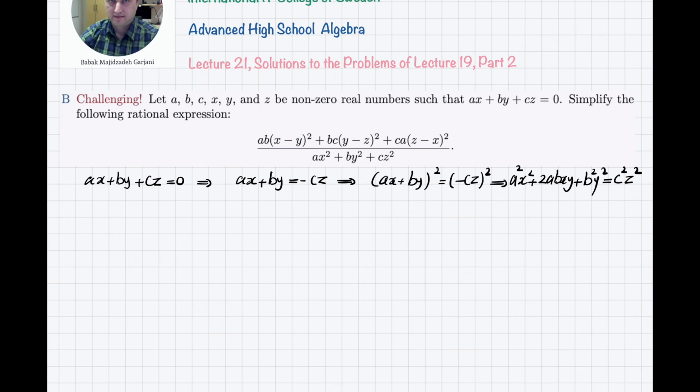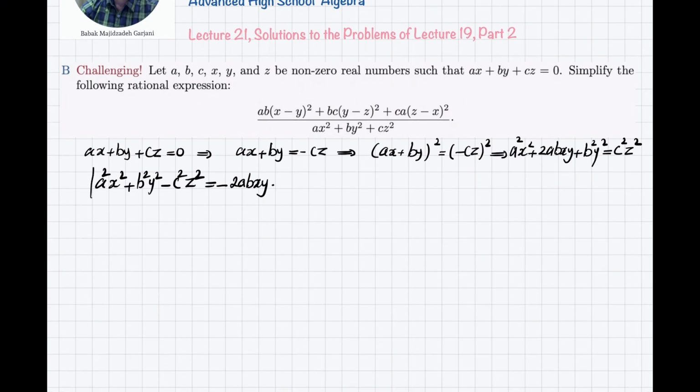And then because I want to have negative 2abxy here, I move this one to the right and then move this one to the left by changing the sign. So what I get is that a squared x squared plus b squared y squared minus c squared z squared is equal to minus 2abxy. Yes? So this is one relation.